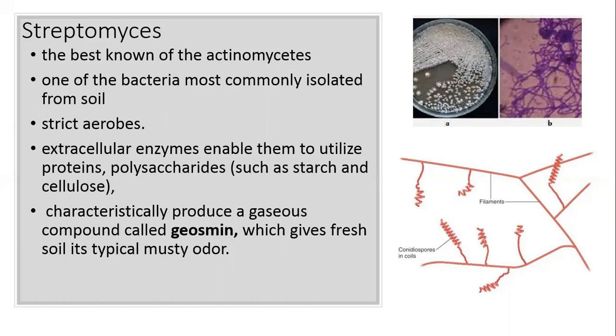Basically, it's a volatile compound, and they are the producers of mostly antibiotics. Sorry, more than 500 species have been documented till now under this genus Streptomyces. So this is the group which is important regarding its remarkable property of antibiotic production.